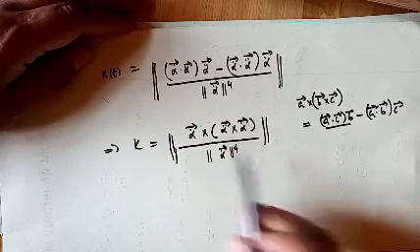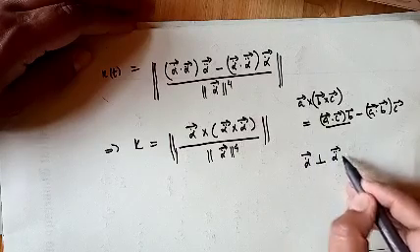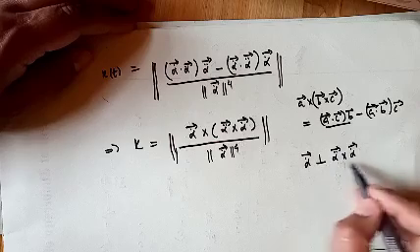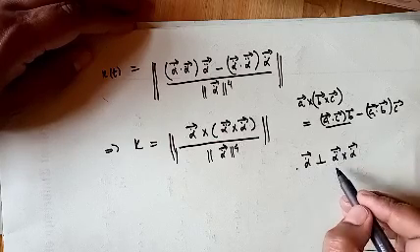Now we know that alpha dot is perpendicular to alpha double dot cross alpha dot, because the cross product of two vectors is always perpendicular to both the vectors from which we get the cross product.